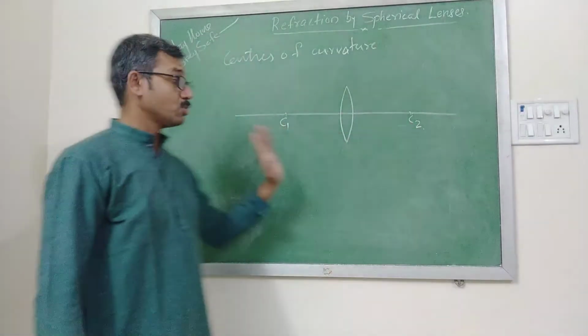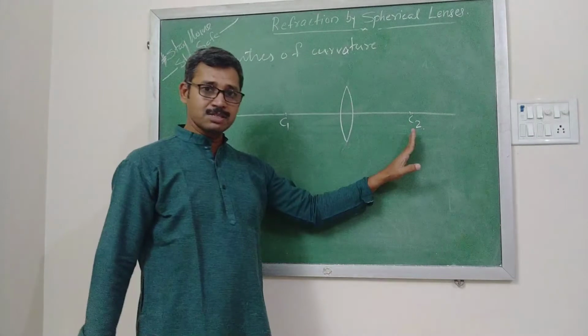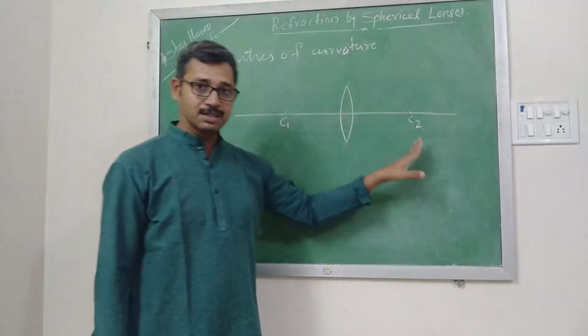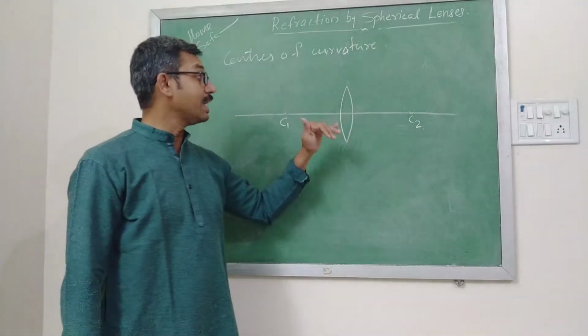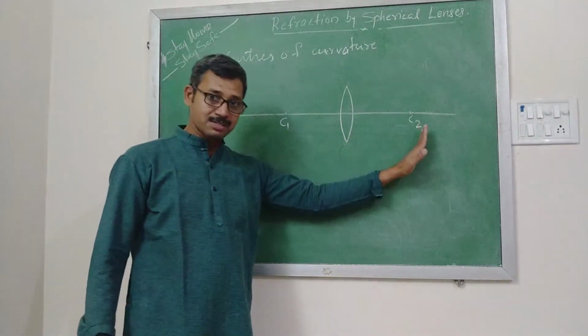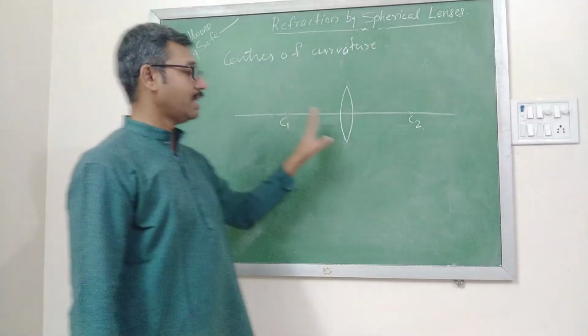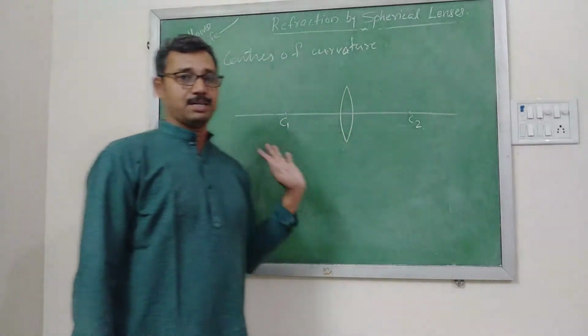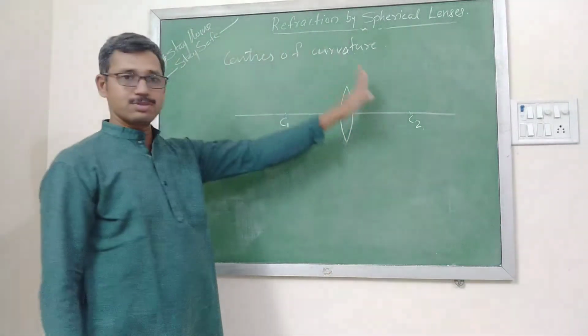So centers of curvature means the centers of the spheres of which the lens is a part.